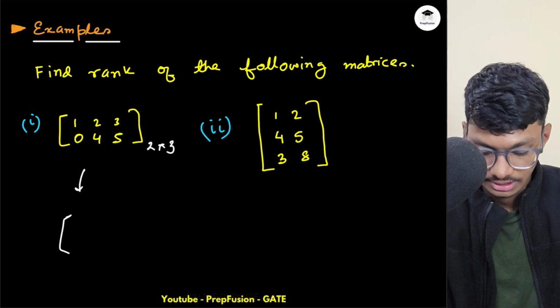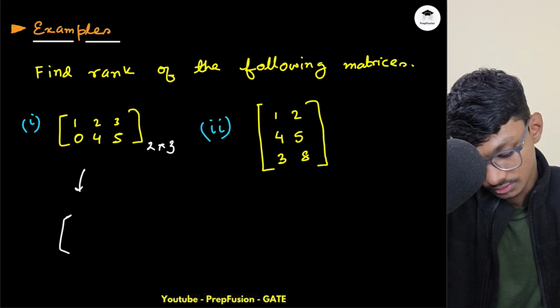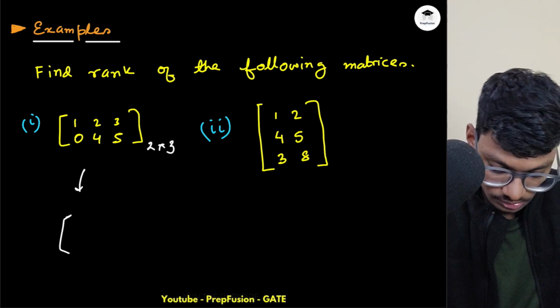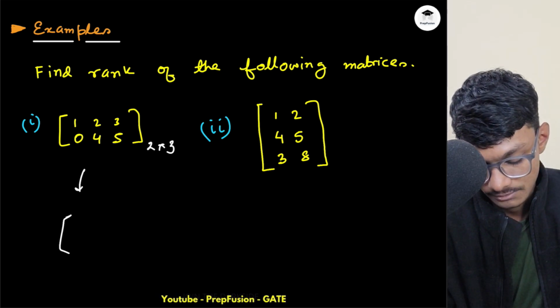So this is 1 2 3. What I can do is simply multiply by 1 by half and make the 0.